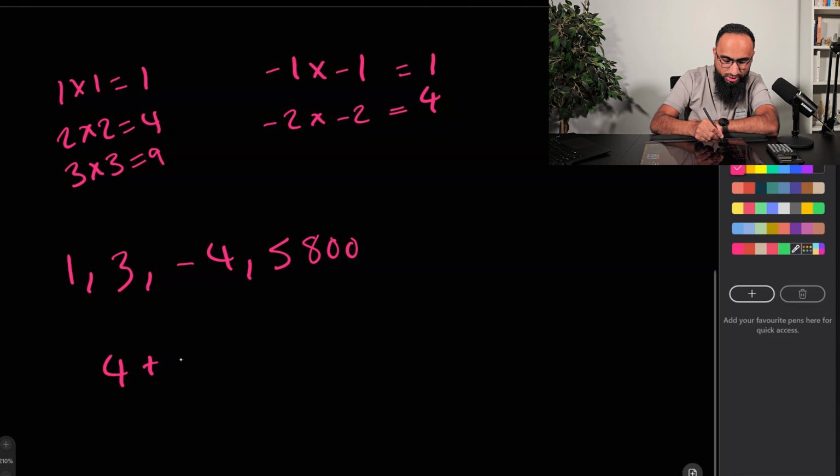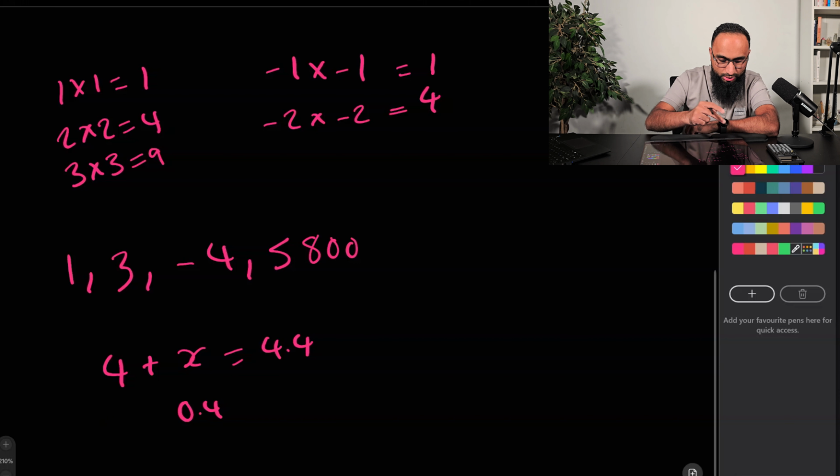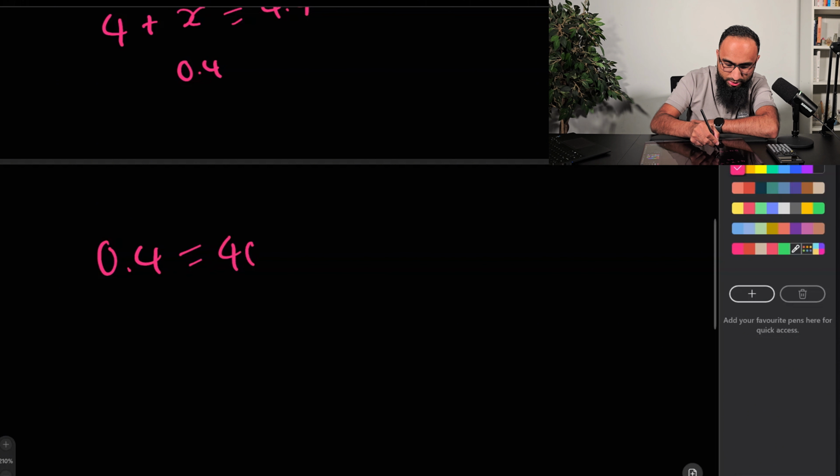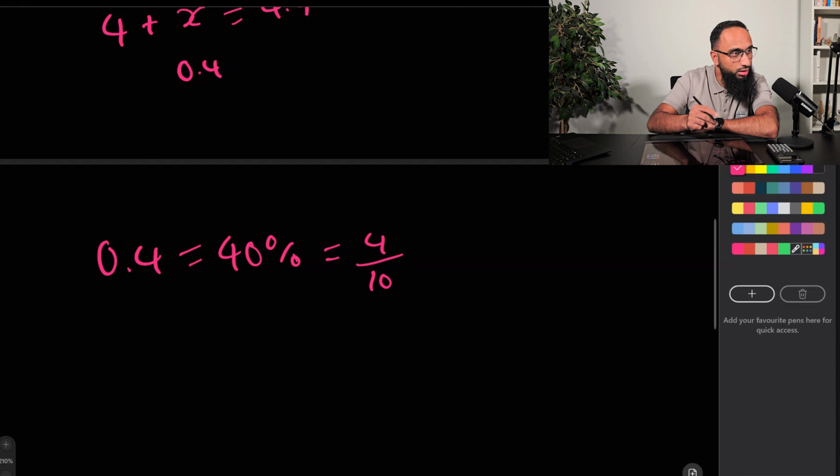And we all know that if it's 4 plus something, which is x, and it gives us 4.4, then we know that that x must be 0.4. So we know that we can write 0.4 as 40% and also as 4/10.